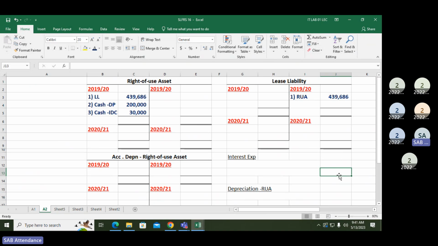Lease liability credit, right of use asset debit. That is the present value of lease payment. Then the down payment, cash credit, right of use asset debit. Initial direct cost, cash credit, right of use asset debit.